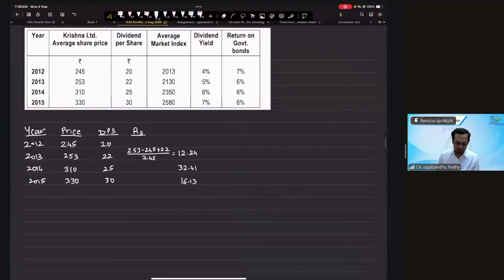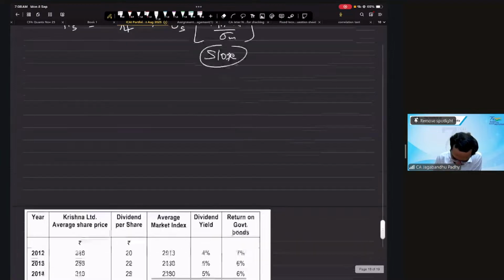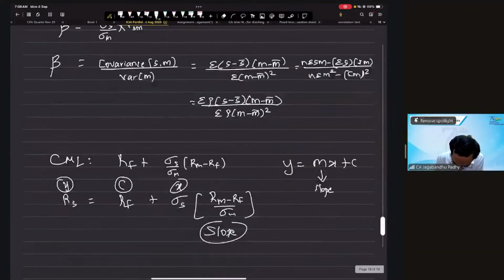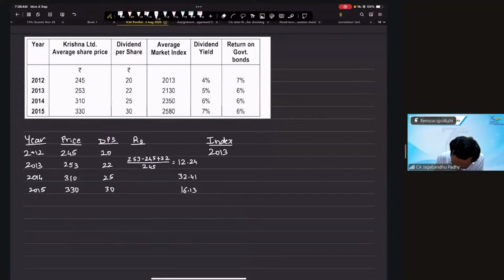Now coming to the return of the market. For the return of the market, we have the value of index, which is given as average market index: 2013, 2130, 2350, 2580.